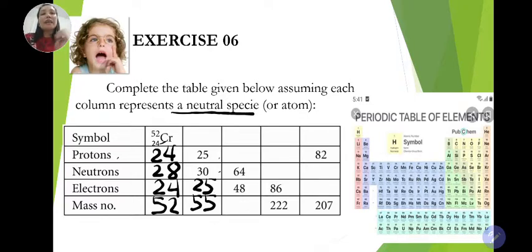So, how will we now know the symbol of our atom? From the periodic table, let's zoom in.